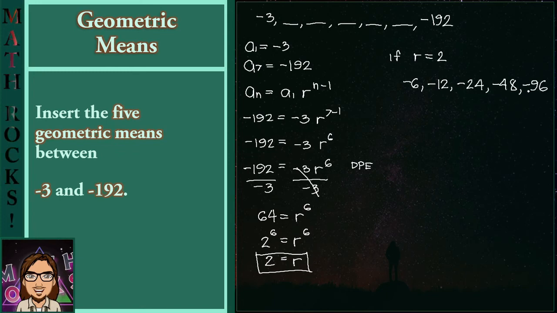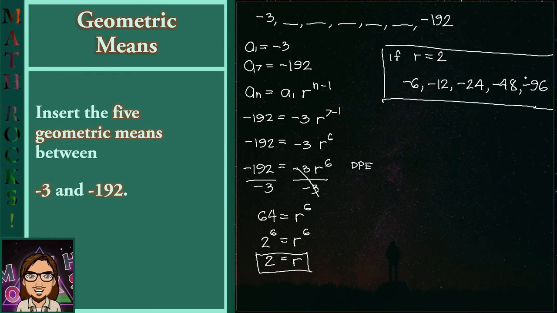Now to check, we can multiply this again with positive 2, so the next number would be negative 192. So these will be the geometric means if the value of r is equal to 2.